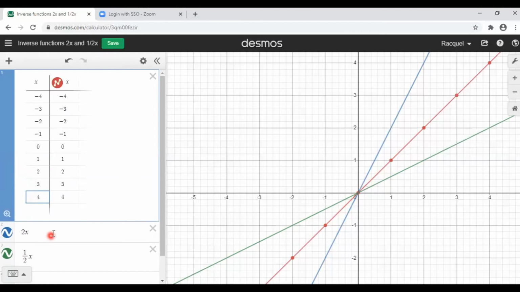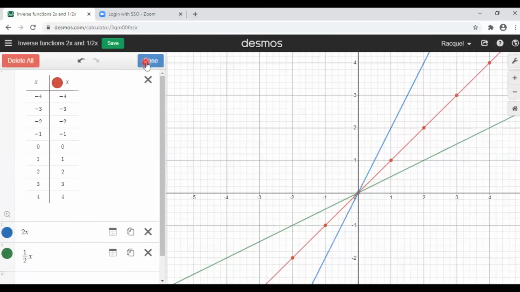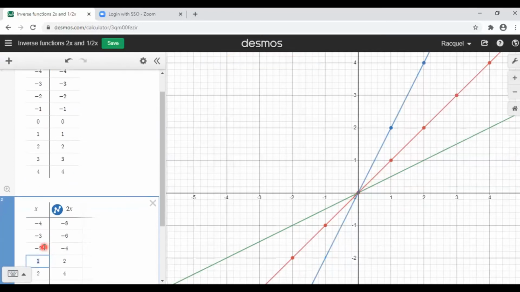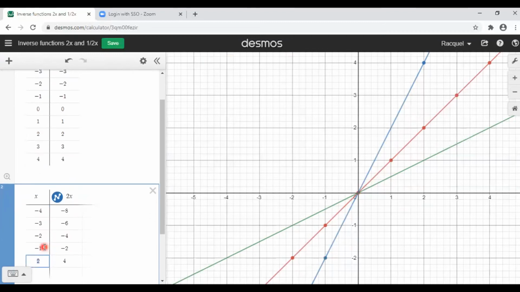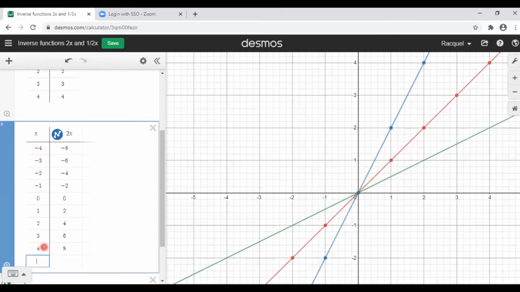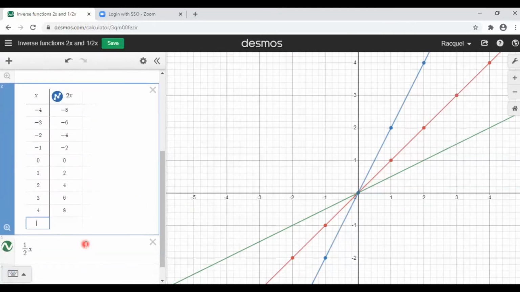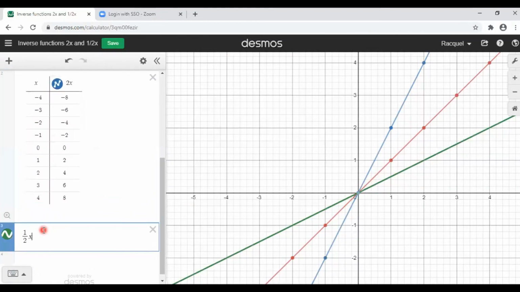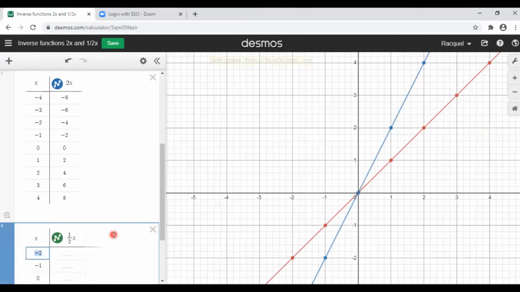Okay, for y is equal to 2x, let us also add points. So we have -4, -3, -2, -1, 0, 1, 2, 3, and 4. Okay, so these are the points. So for the graph of y is equal to 1/2 x, let's add some points.